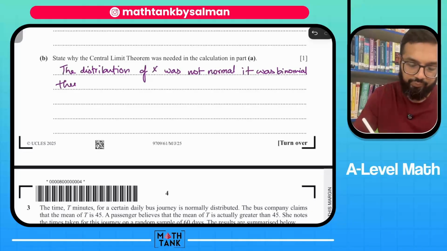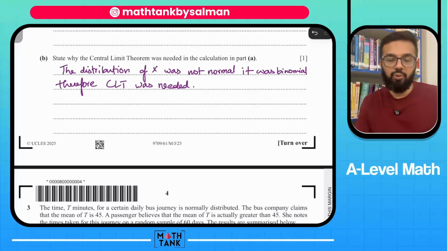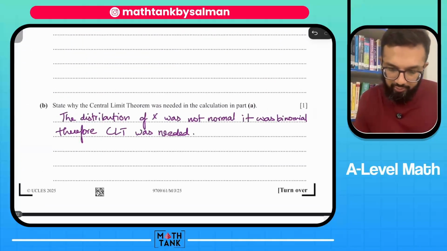Therefore, the CLT was needed. And why was I able to apply the CLT? I can say that n was large, therefore I was able to apply the CLT. Okay, that was question number 2.